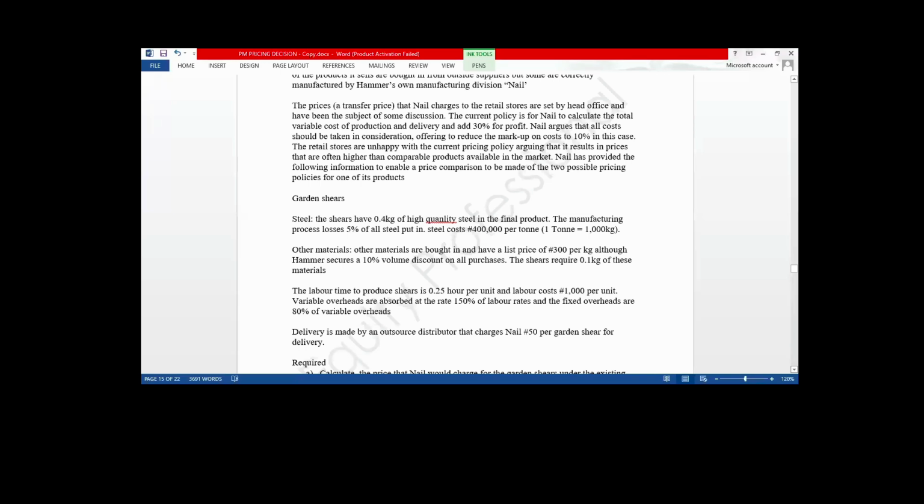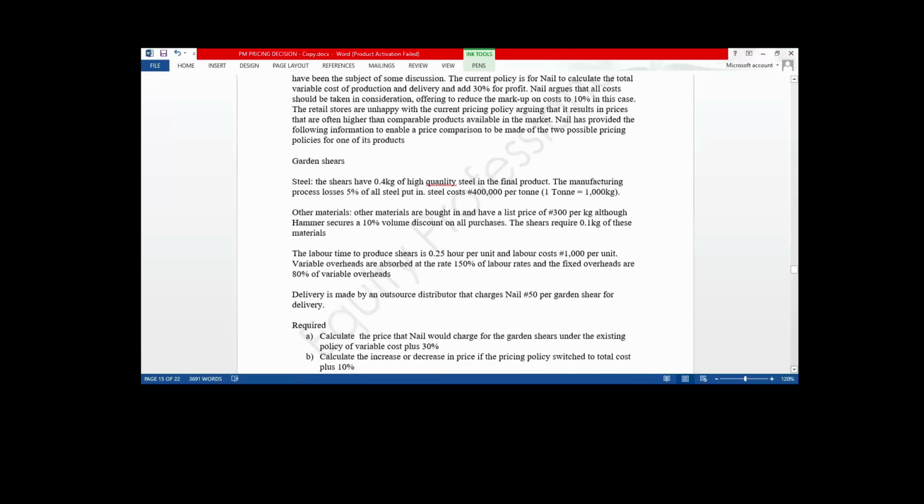Next, variable overhead. Variable overhead is absorbed at the rate of 150% of labor rate, and the fixed overhead is 80% of variable overhead. Delivery is made by an outsourced distributor that charges 50 kobo per garden spare for delivery.